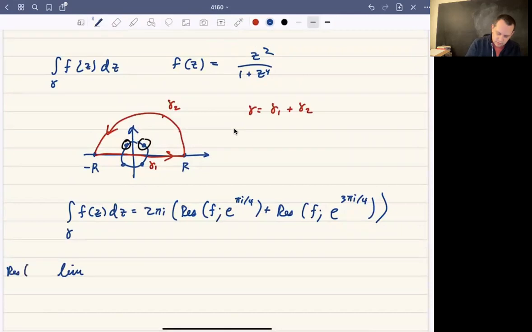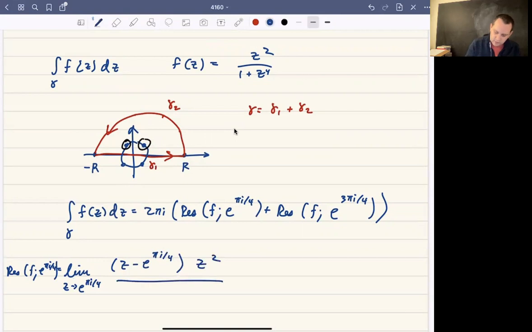So residue of f at e to the pi I over 4 is going to be equal to the limit as z approaches e to the pi I over 4 of z minus e to the pi I over 4 times z squared over 1 plus z to the 4th.